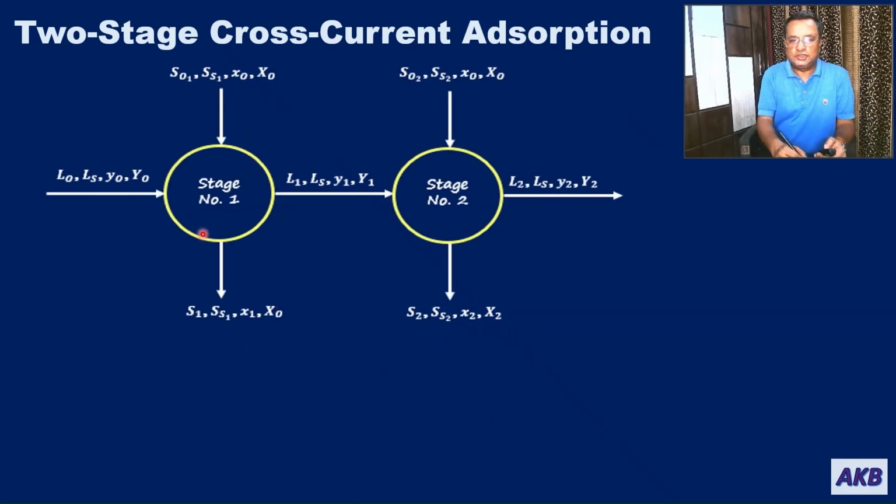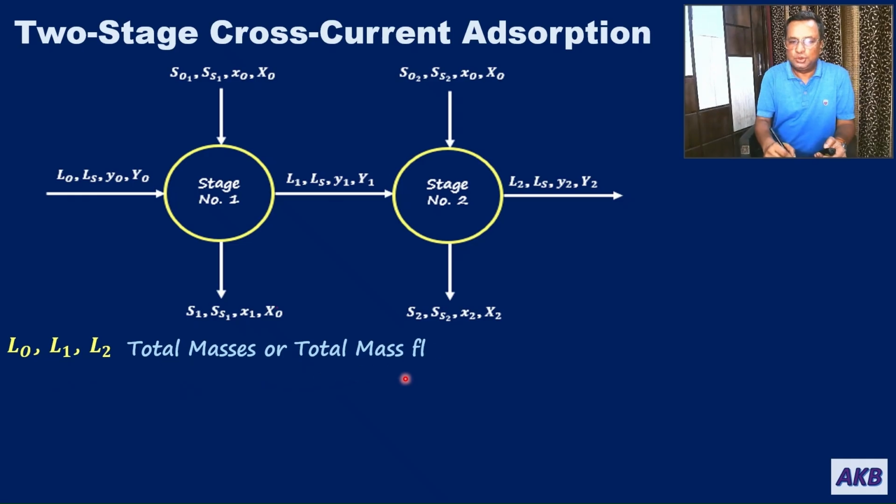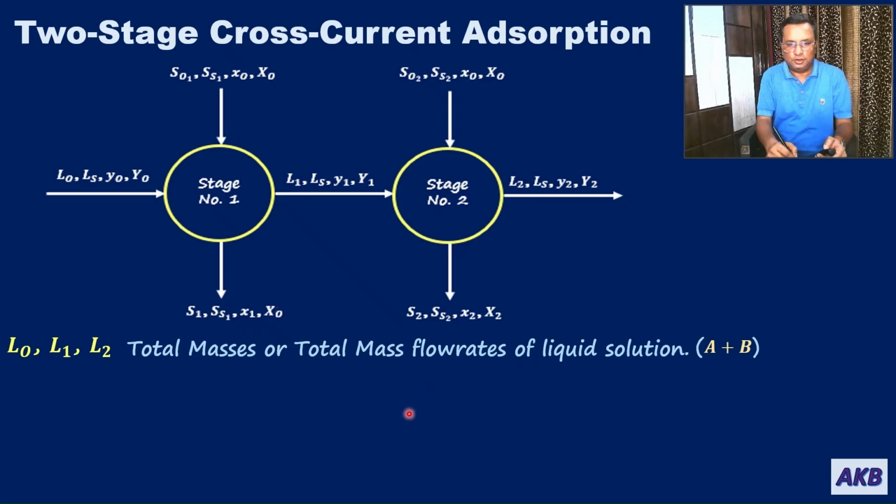Now let us talk about the notations. L0, L1, L2 are total masses or total mass flow rates of liquid solution, that is A plus B. They represent total masses if it is a batch operation, and total mass flow rates if it is a continuous operation.